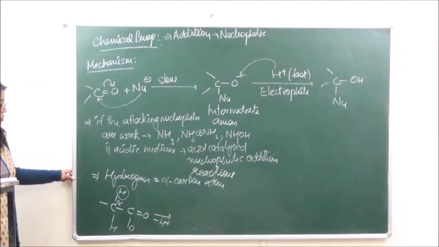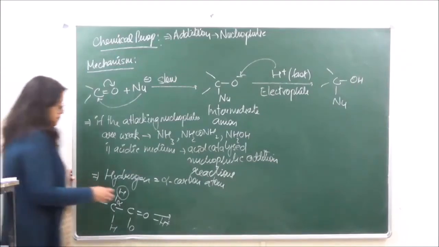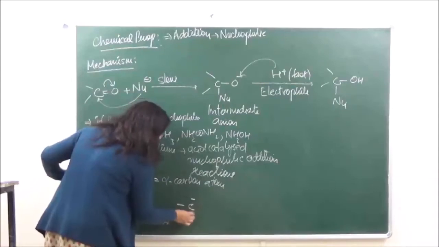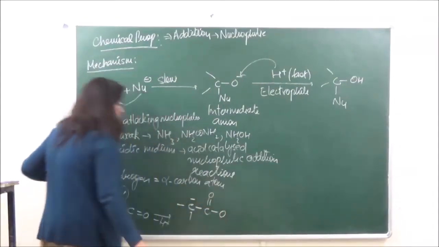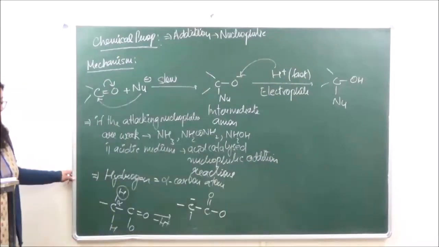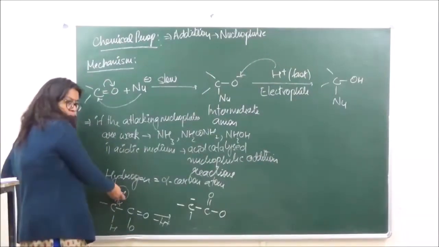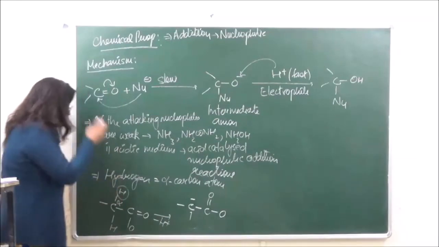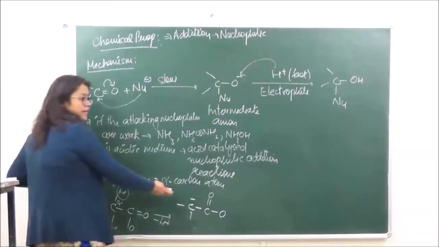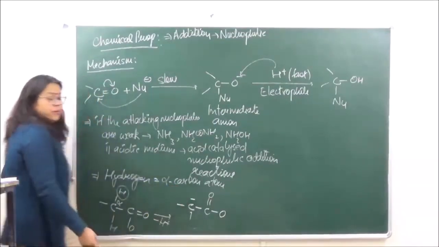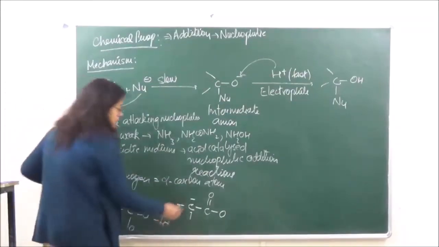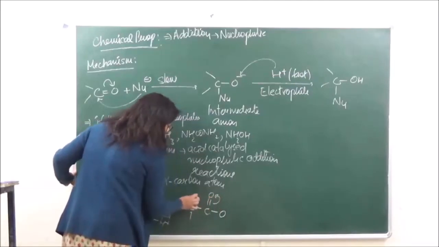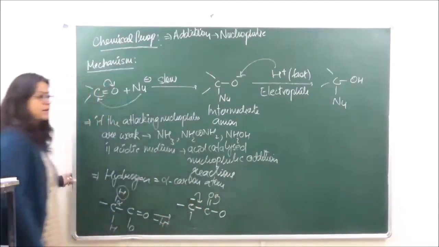Now this structure which is formed over here is going to bear a negative charge on the carbon. Because of the release of this H positive from here, it will leave its electrons back, so this carbon is going to get a negative charge. Now this is going to be resonance stabilized, right? How is it resonance stabilized? Because this can go here and this can come here.